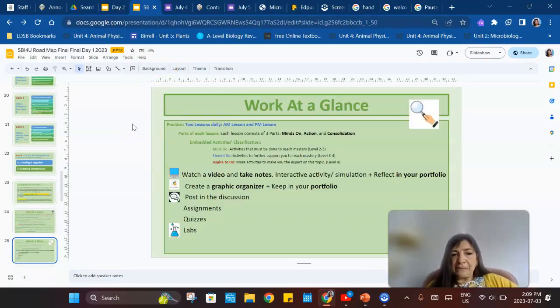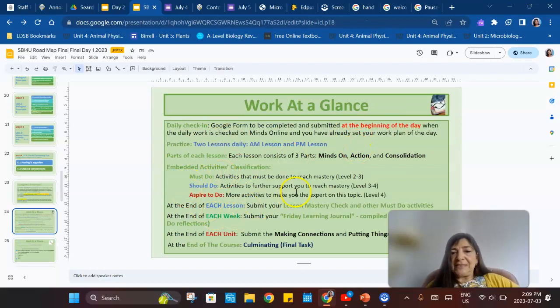As you noticed, the activities in the Mind On or action or consolidation are usually labeled as must do, should do, and aspire to do. And this is because of the time factor in this course.